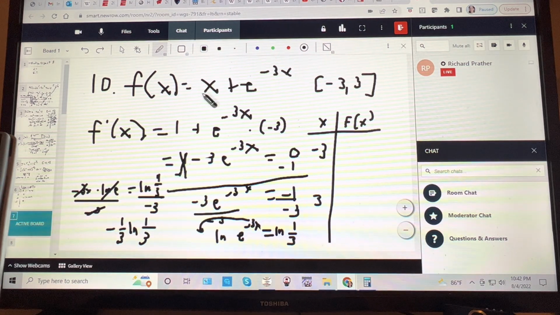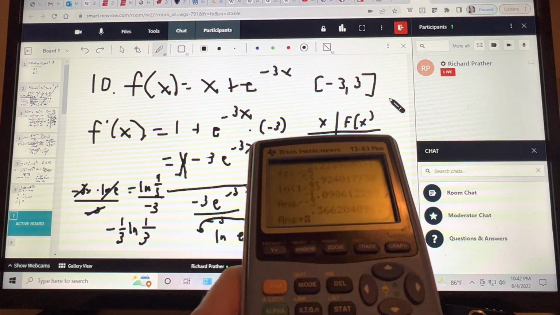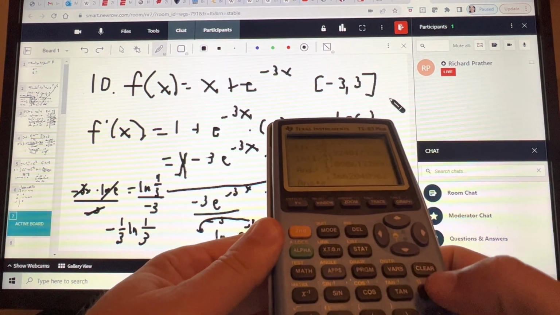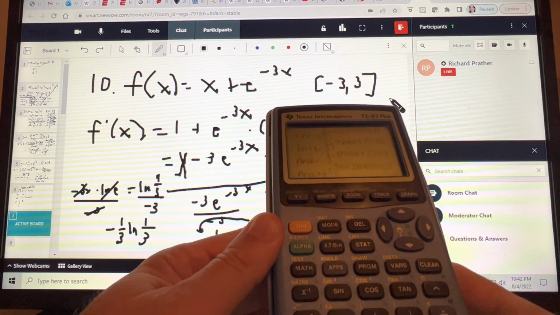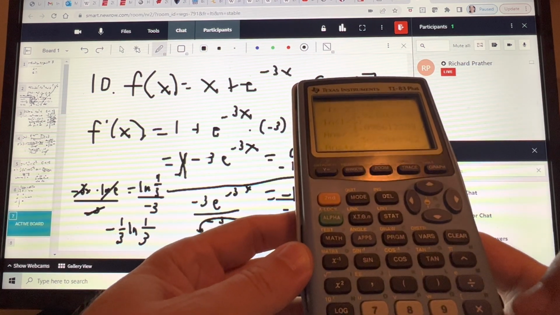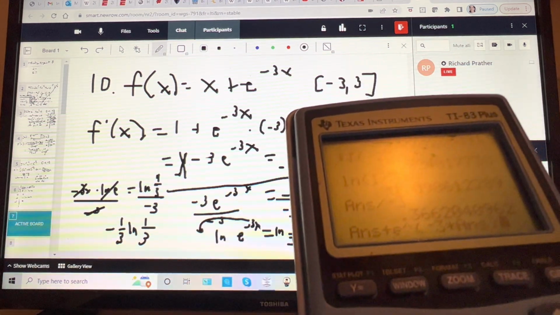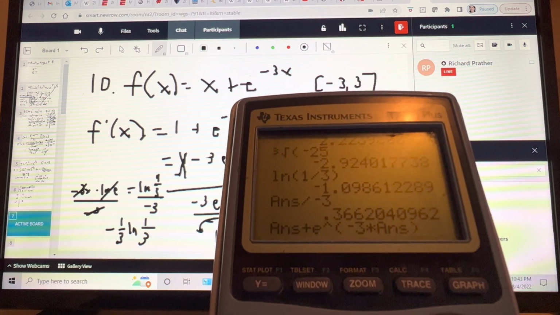So I've got the decimal here plus e, second and the division button gets me e, raised to the, I'm going to put a parenthesis because it's -3x, so -3 times that answer again. And the two slots where I say answer, it's going to grab that whole long messy decimal.